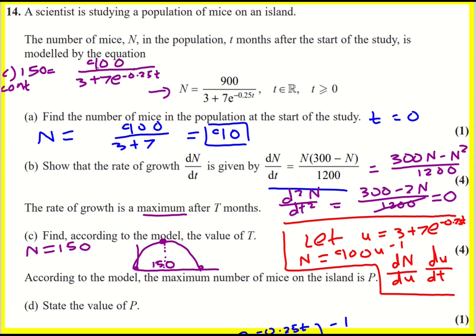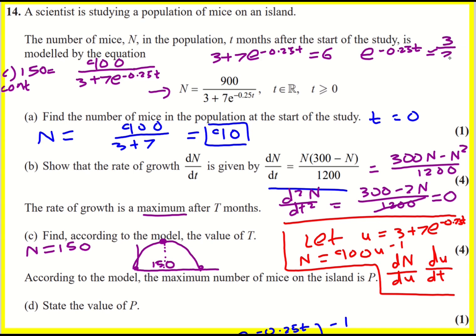So I can times through by 3 plus 7e to the minus 0.25t and divide by 150. So I get 900 divided by 150, which is 6. Therefore, e to the minus 0.25t. I can minus the 3 and then divide through by 7.